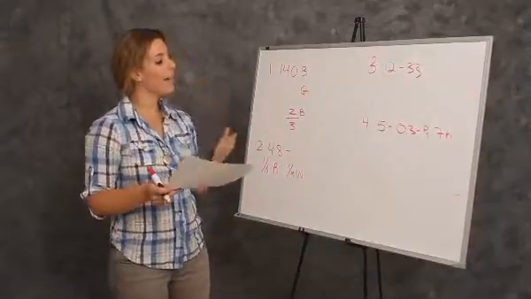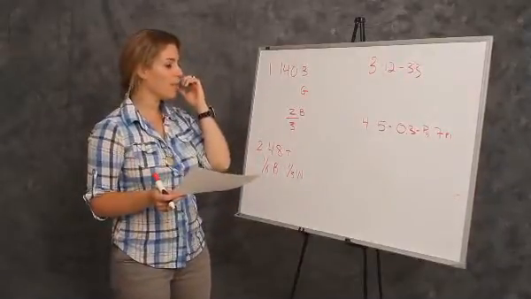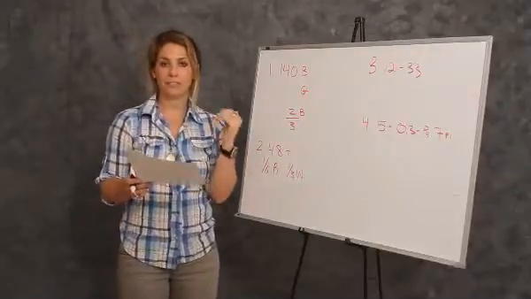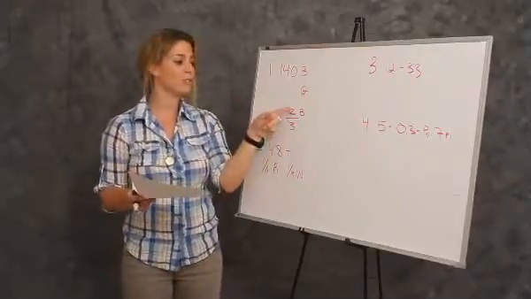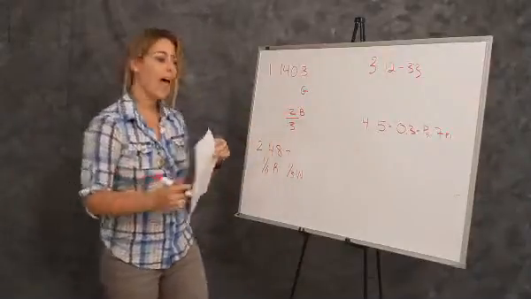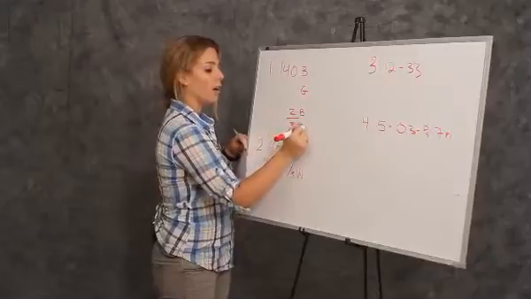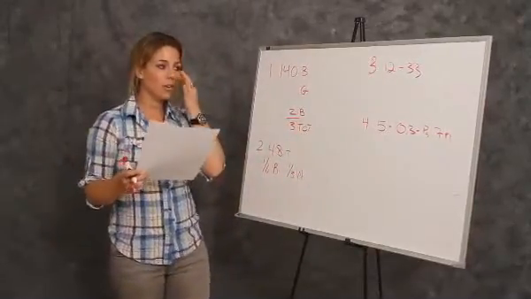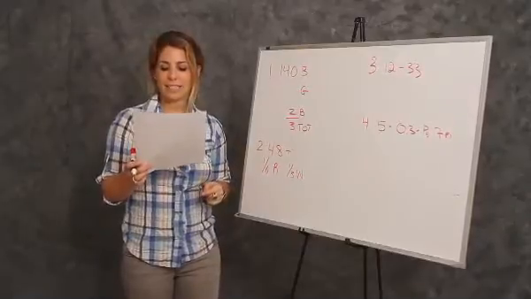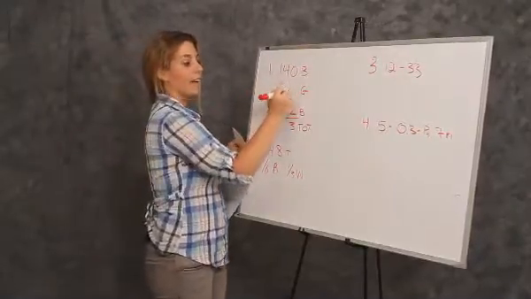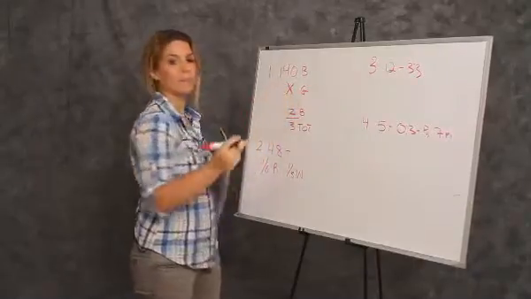So looking at this, we know that when we deal with probability, if it's saying that the probability of selecting a blue glove is 2 out of 3, that represents 2 blue gloves out of a total of 3 gloves. So looking at this, they say that there are X green gloves, right?